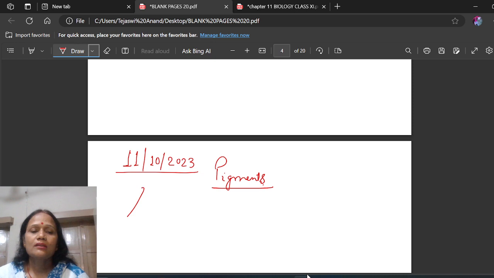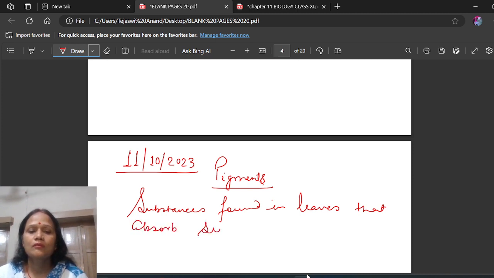Pigments are the substances found in leaves that absorb sunlight of various wavelengths.